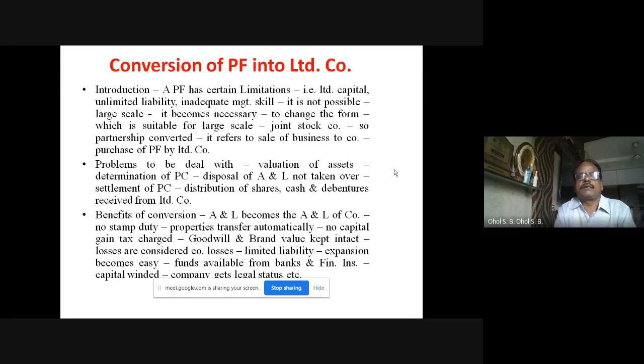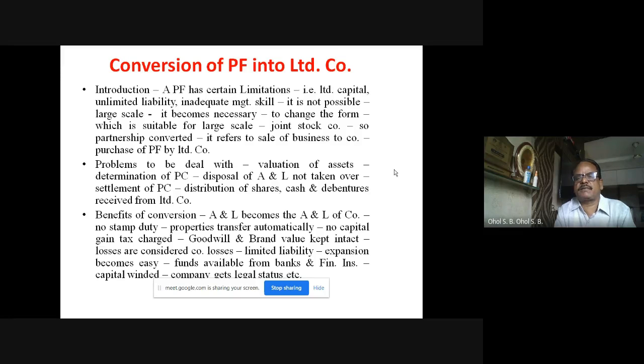In the conversion of partnership firm into limited company, the question may arise why a partnership firm can be converted into a limited company. Because a partnership firm has certain limitations.